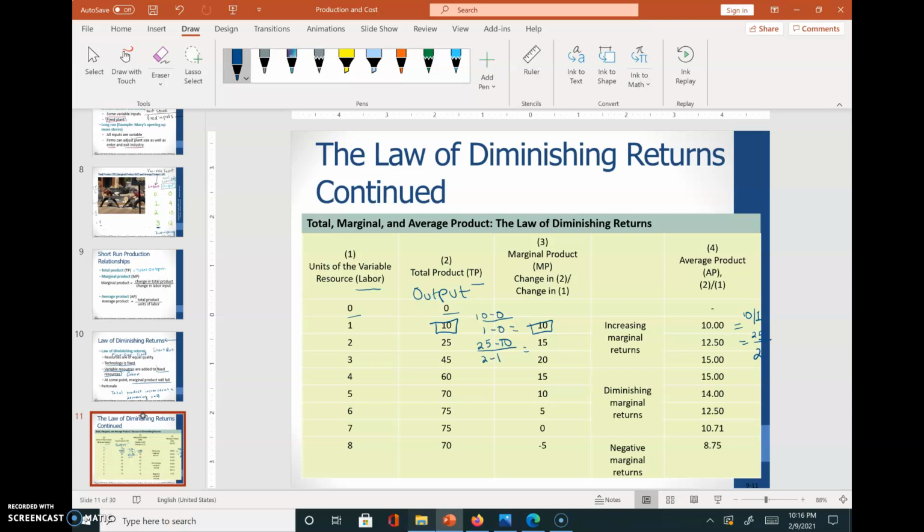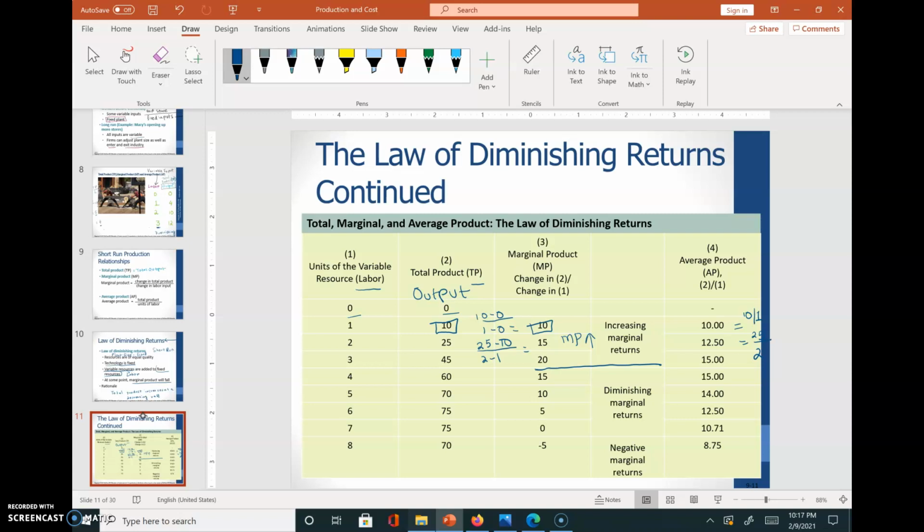Now from the first worker to worker number 3, looks like this marginal product is increasing. We have increasing marginal returns.